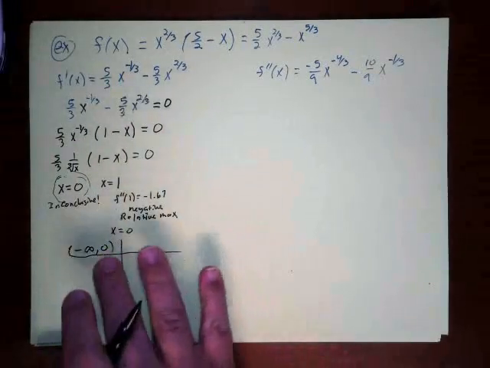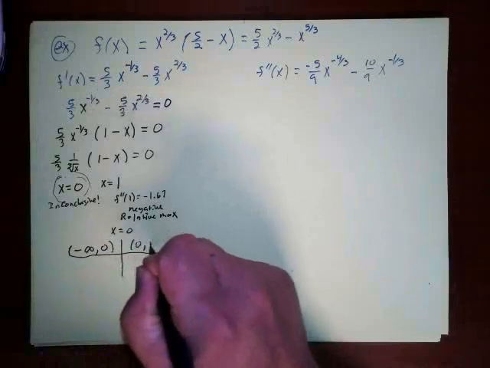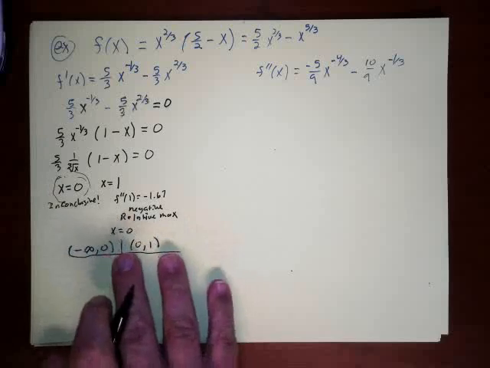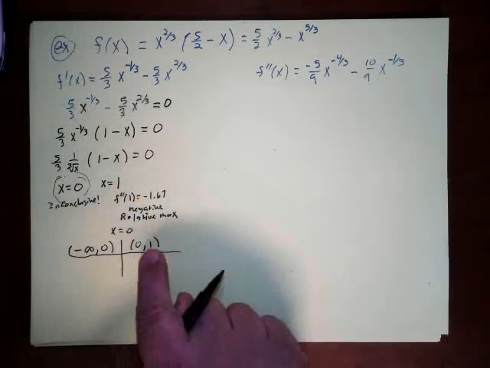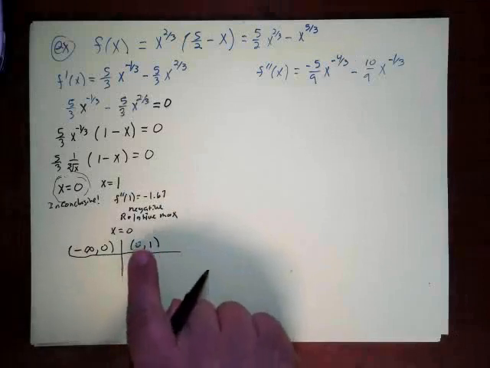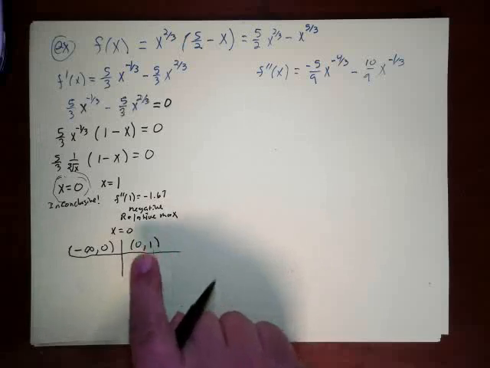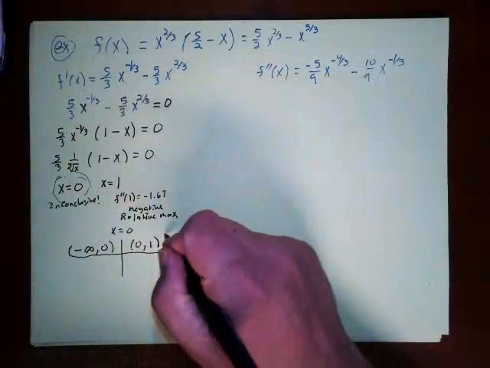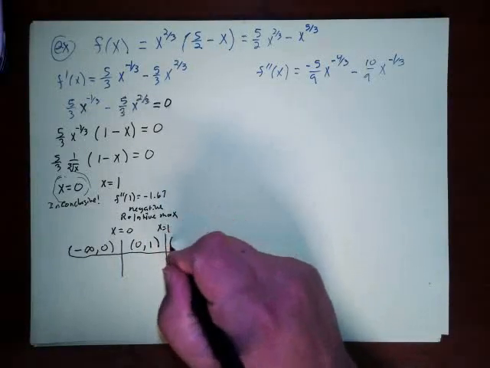What I said is we only have to worry about these two. So this would be 0 to 1. We only have to worry about these two intervals because I'm only finding this. And that is true, but what I did, I think, in my previous one is I just said 0 to infinity instead of 0 to 1. And it's important here because I got to pick my test point out of this interval. So let me explain to you what happened.